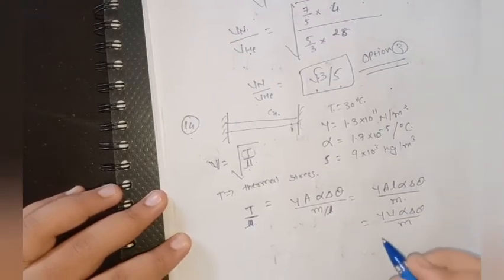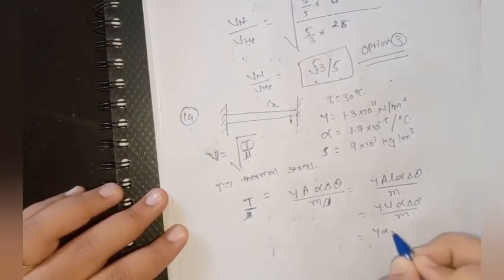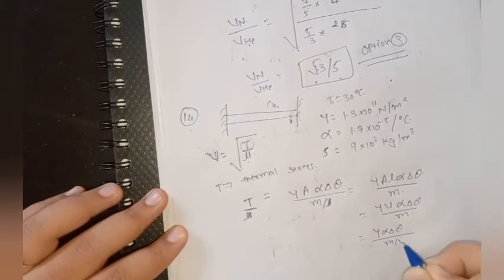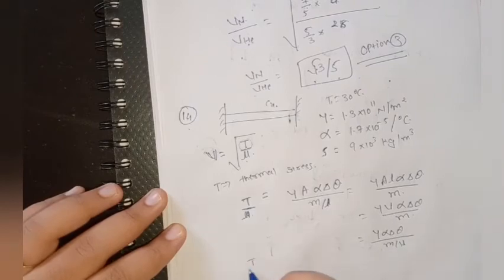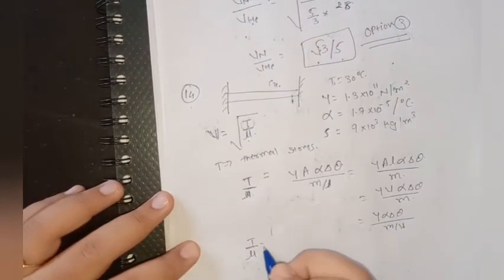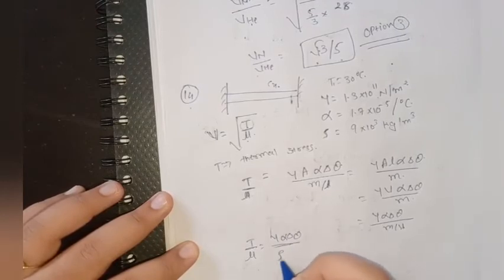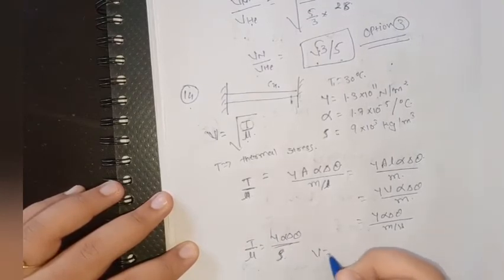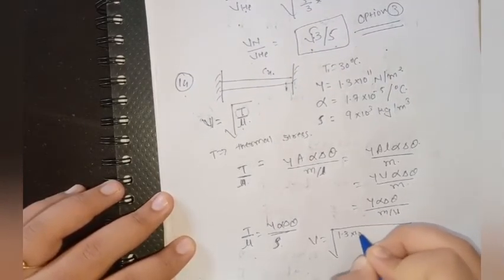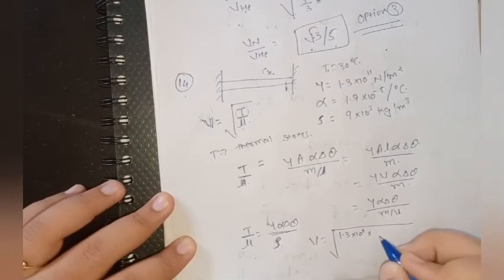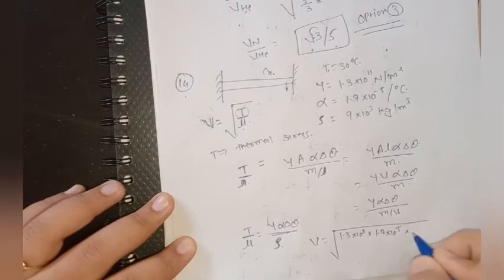If we rearrange this formula, Y alpha delta theta divided by mass by volume. Mass upon volume can be written as density, so T divided by mu will be equal to Y alpha delta theta divided by density. So V will be under root Y, given as 1.3 into 10 power 11, alpha is given 1.7 into 10 power minus 5 per degree Celsius.